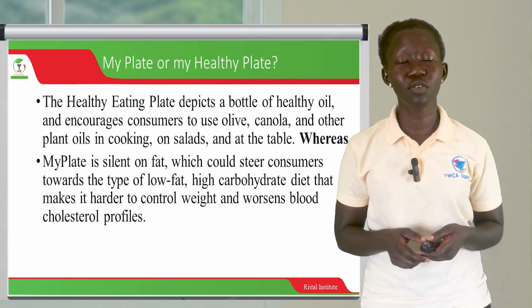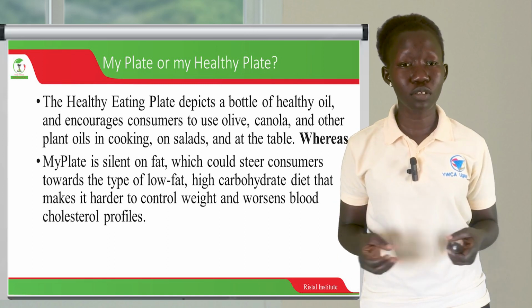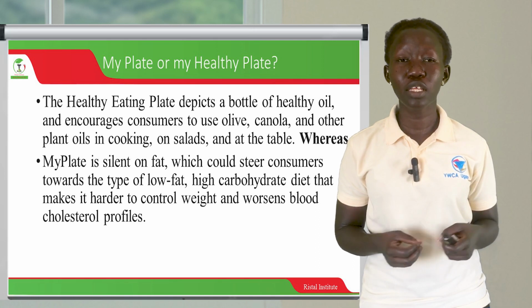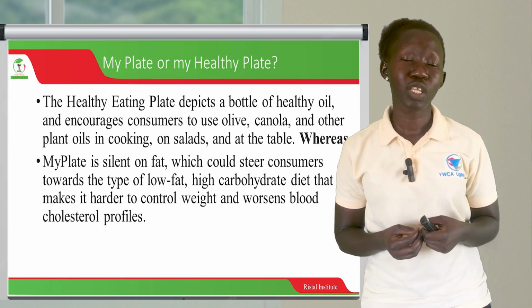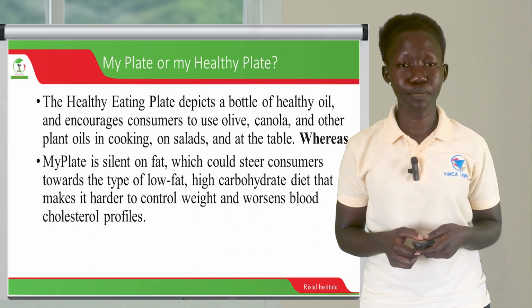Because if you're not selective of the kind of fats you take in, you're going to find yourself consuming all sorts, including the trans and saturated fats that are particularly not very good for your body because they will raise your cholesterol levels and increase your risk of heart disease and other chronic sicknesses.